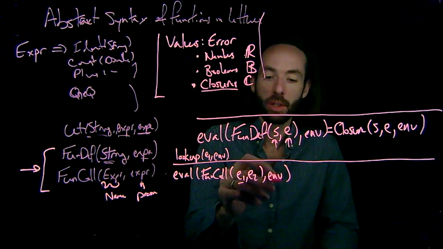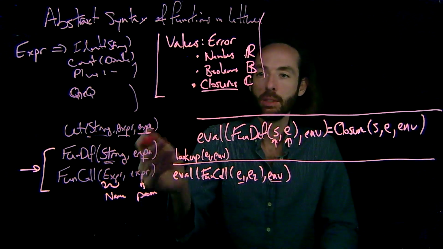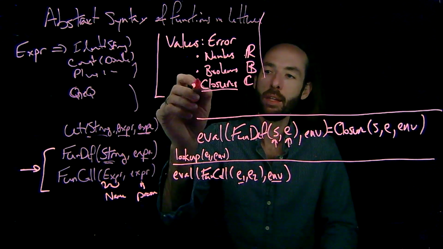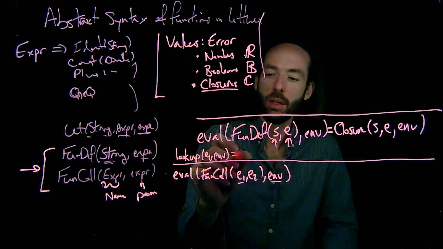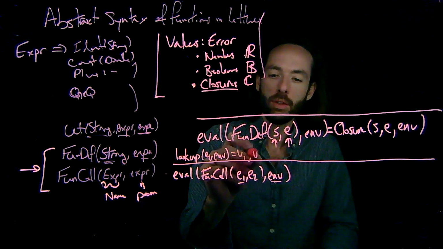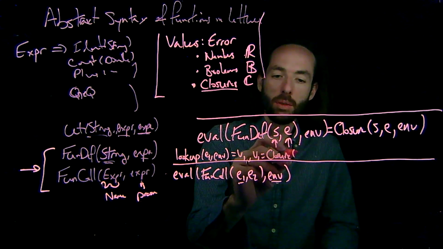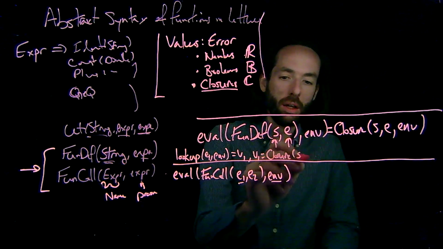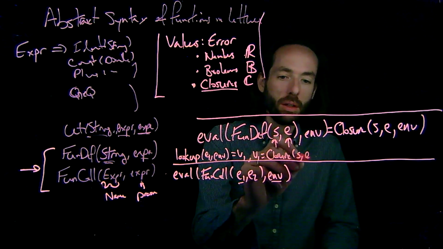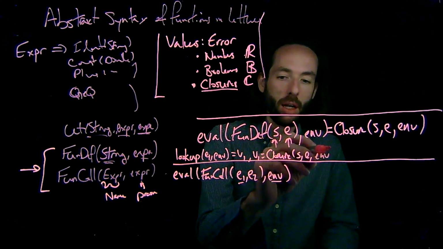That's what everything that's in the environment is. It's some name bound to a value, and that value should be a closure. So this should be, let's call it v1, and v1 should look like closure of, well, we have a string, the body of the function, and the environment.